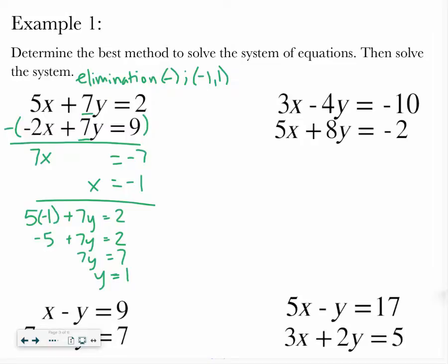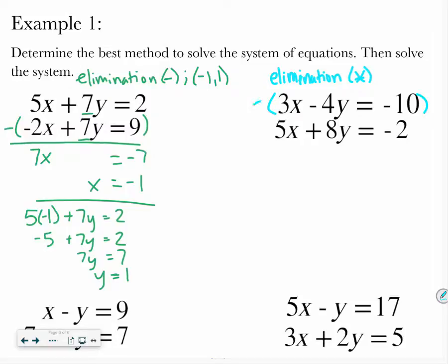Let's look at our next one over to the right. We have 3x minus 4y equals negative 10. We have 5x plus 8y equals negative 2. I have a 3, 4, 5, and an 8. None of those are the same, so I'm going to use elimination, and I'm going to use multiplication. And I have to figure out what I need to multiply by in order to have something cancel. 5 and 3 can't multiply into 5, but 4 can multiply into 8.